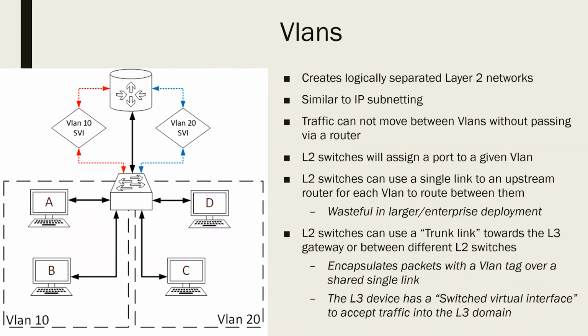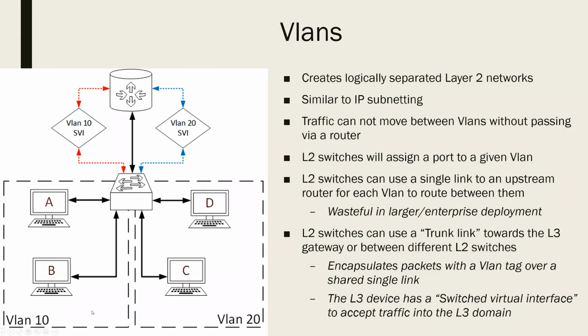And so this yet again is kind of similar to IP subnetting, but it isn't. To be very clear, it isn't. What it allows you to do is to take a previously existing single layer 2 domain and split it into two.